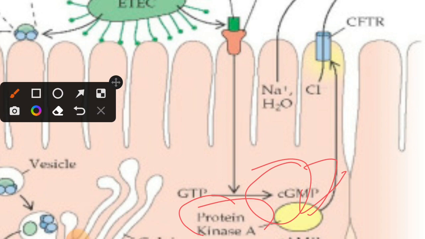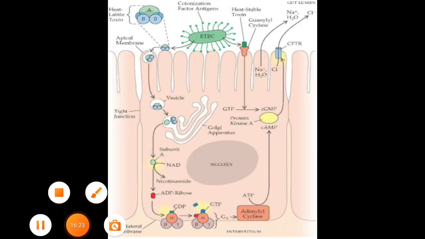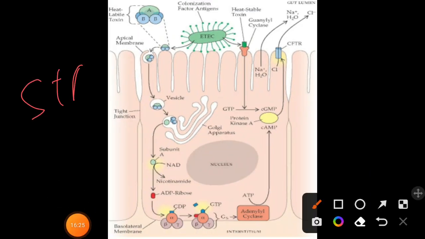Okay, and this activated protein kinase A will open the CFTR channel for a longer time. And as a result, the same situation will occur. It will cause much amount of chlorine ion loss, which will in turn cause the loss of much amount of water. Okay, so that is the situation observed in case of STa toxin or ST1 toxin.